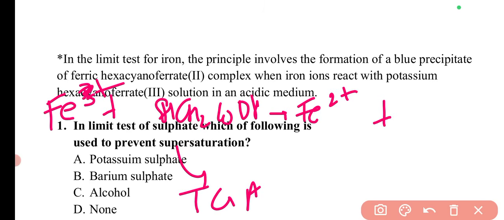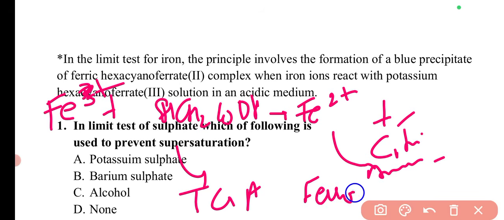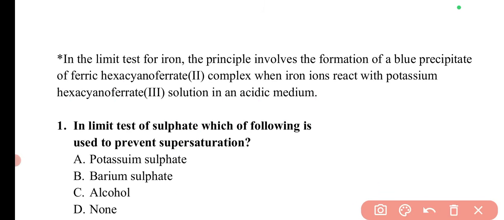Now it will again react with the thioglycolic acid and in the presence of citric acid as well as ammoniacal alkaline solution, and it will produce a compound which is ferrous glycolate or ferrous hexacyanoferrate, and it will give the purple colored complex.